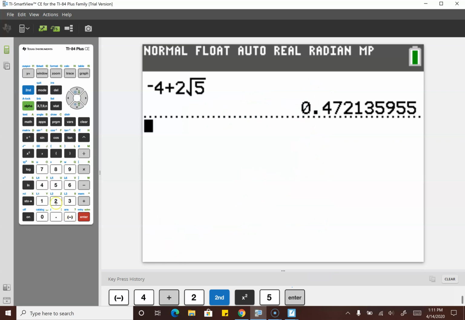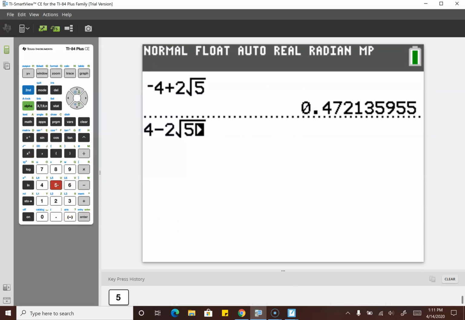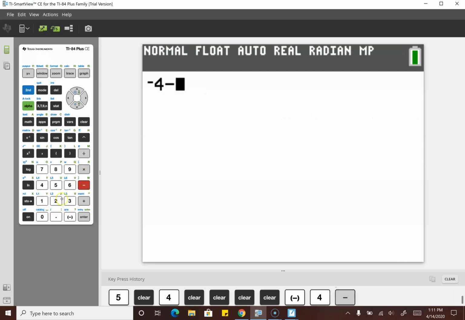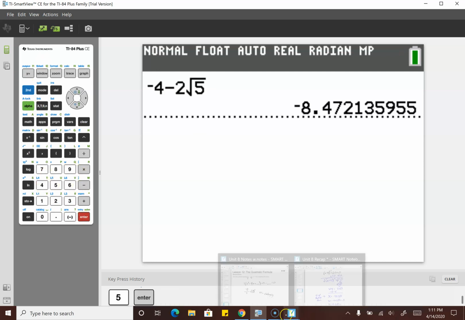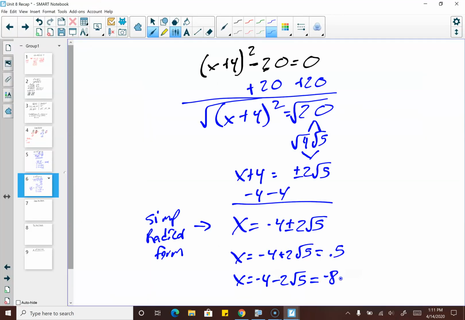And then if we do the same thing again here, but with a minus sign, negative 4, let's clear the whole thing. So negative 4 minus 2 radical 5, that would give us negative 8.5. And then those would be your two answers if you were told to round. And in this case, we went to the nearest tenth. Okay, so two different answers, simplest radical form, and then the rounding one.